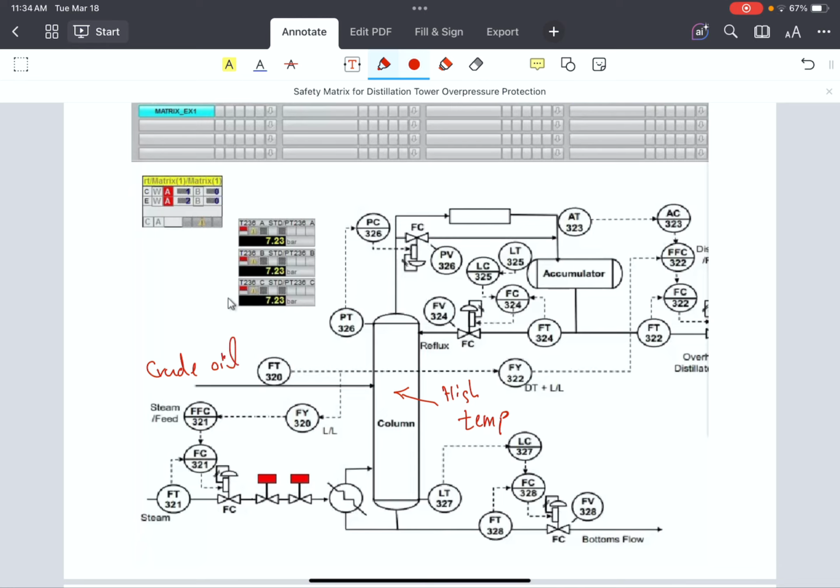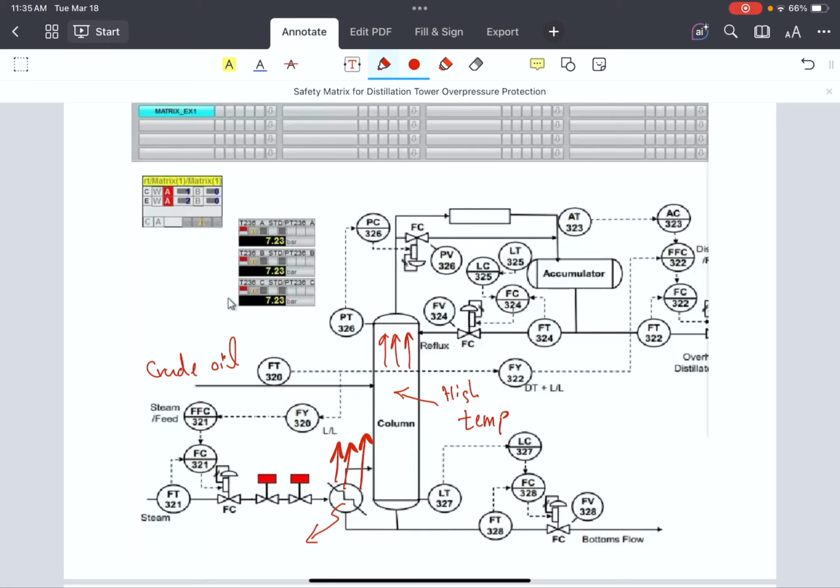By helping this exchanger here, we try to convert crude oil to other components, and in case of excessive temperature here, the excessive temperature will increase the buildup of gas at the top of the column.